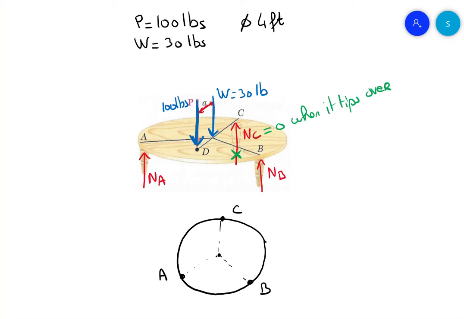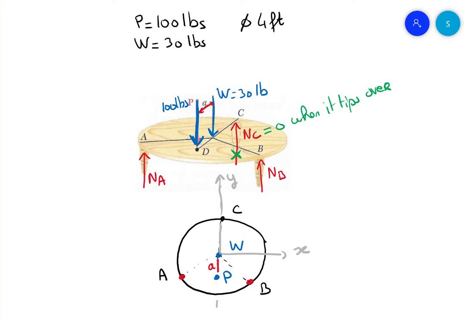We have the force W in the middle, and we have the force P, and we have the distance A. Looking from the top, we have NA and NB there. Everything is symmetrical about this axis. Let me call this axis Y and this axis X. We will use them.